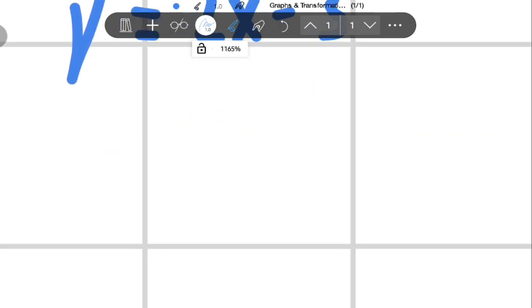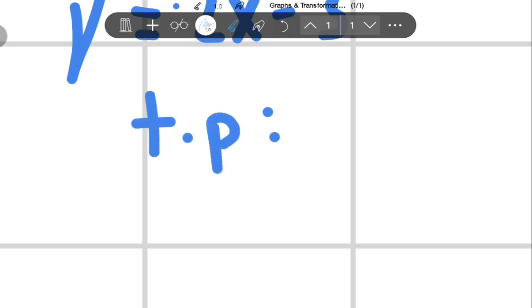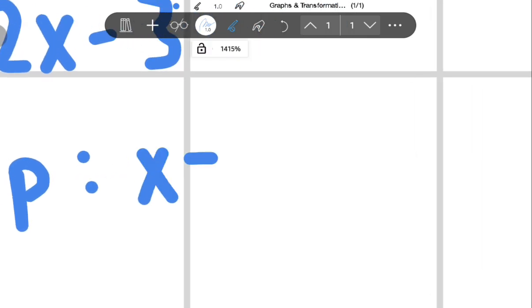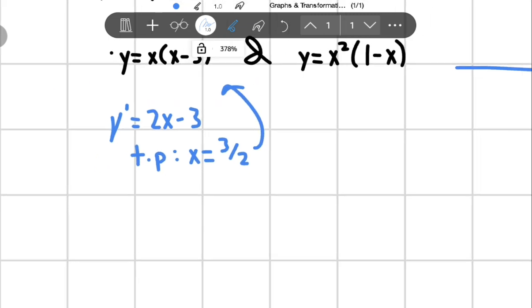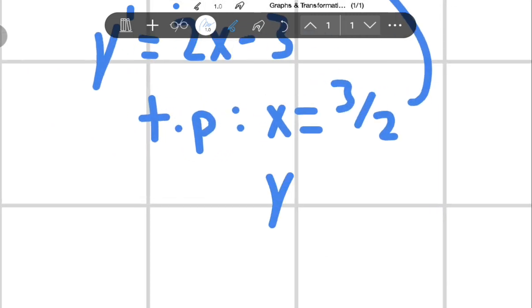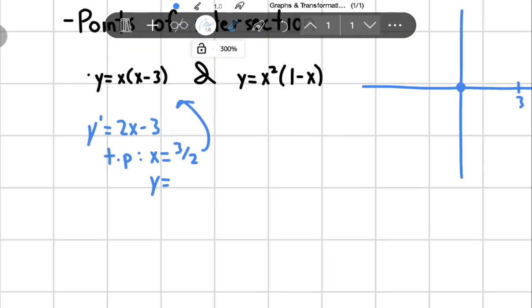And if you equate this to 0, let's just write turning point, you'll have x equals 3 over 2. Let's plug in x equals 3 over 2 and solve for y. 3 over 2 times 3 over 2 minus 3 is basically negative 9 over 4.